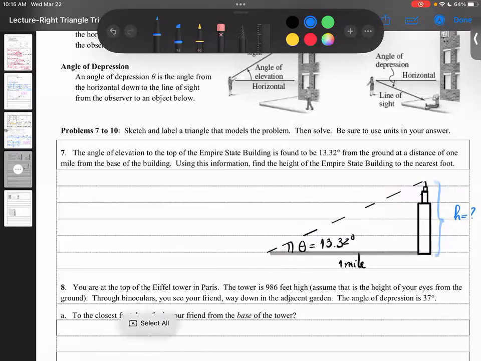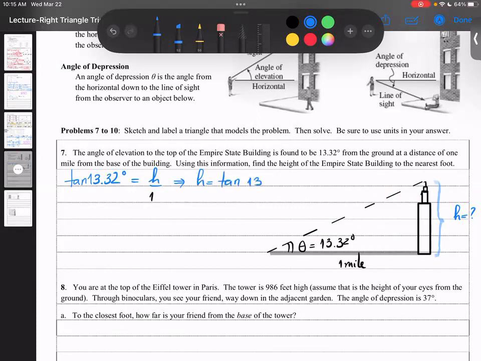So tangent of 13.32 degrees equals opposite, which is h, divided by adjacent, which is 1 mile. So h equals what?